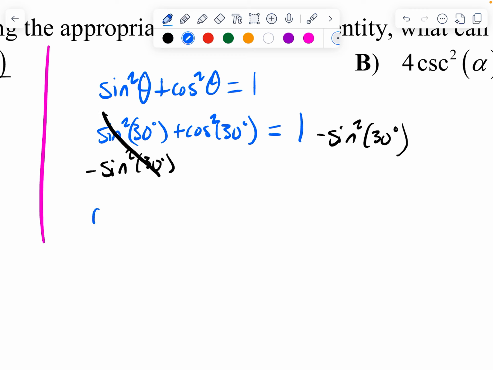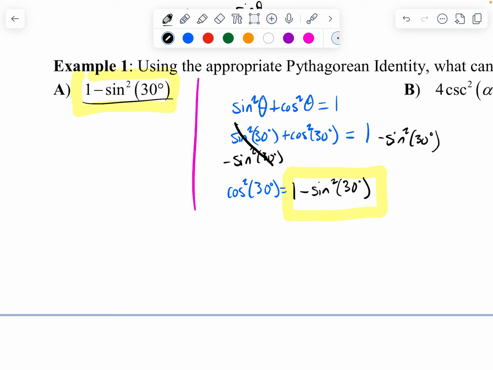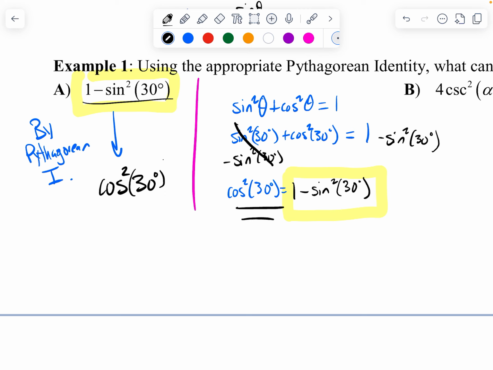We haven't actually done anything to our problem yet, because now you'll notice the right side of that identity is the expression that we're given. Well, what the heck does that equal? By the Pythagorean identity, that will equal cosine squared of 30 degrees.